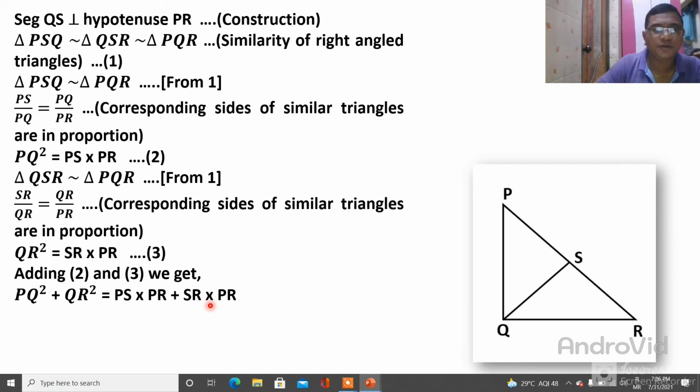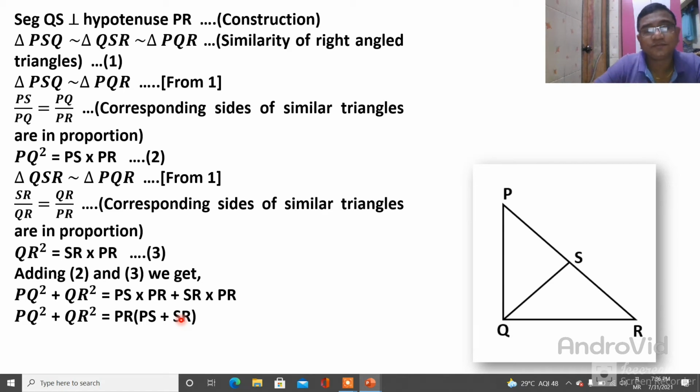PQ square plus QR square remains as it is. PR is common on the right side, so PR goes outside the bracket. What is uncommon? PS plus SR. So I write PS plus SR.